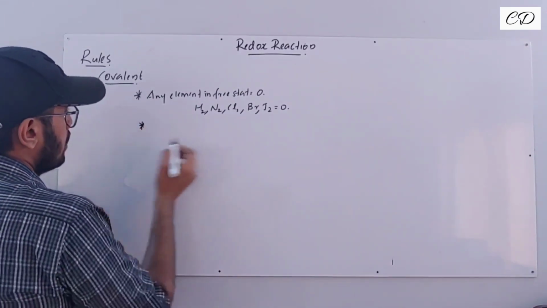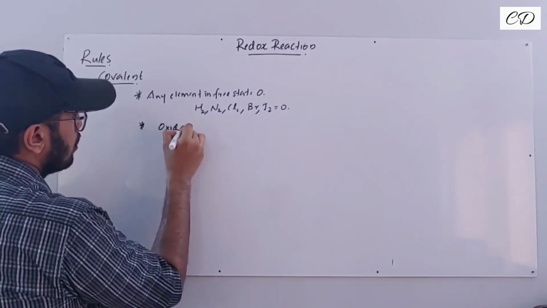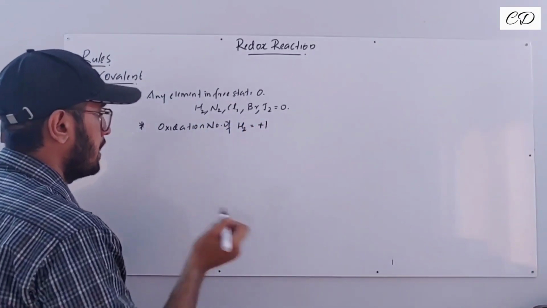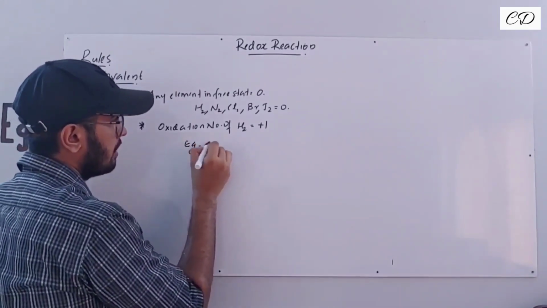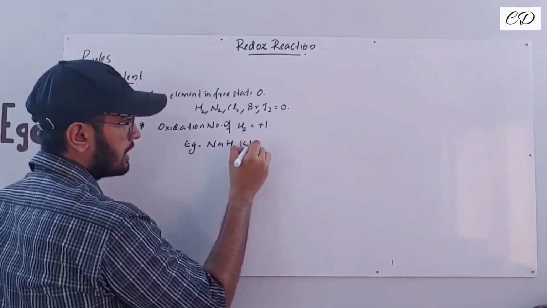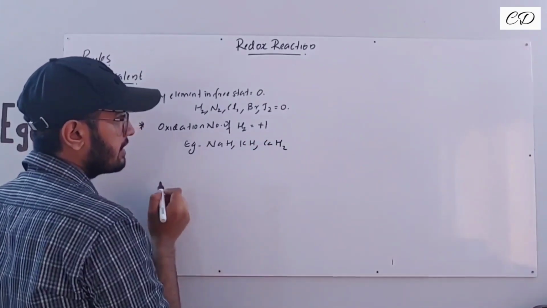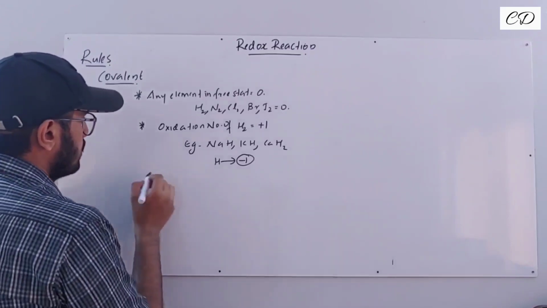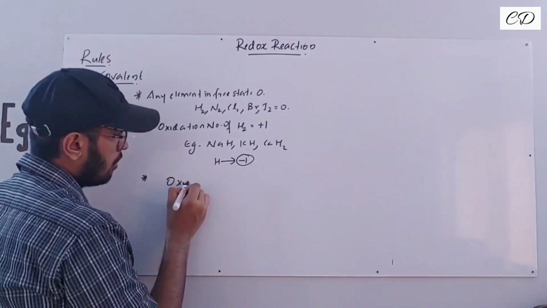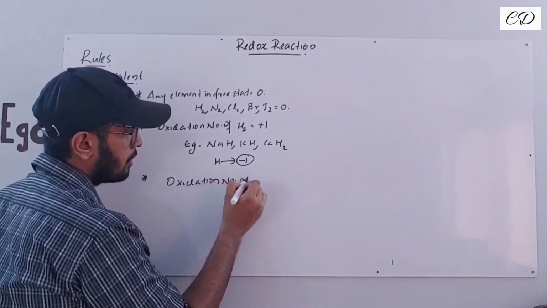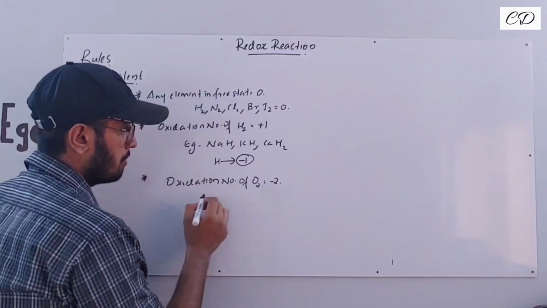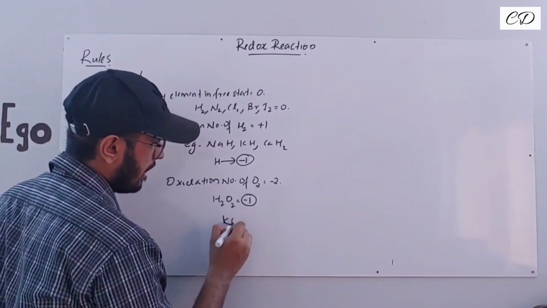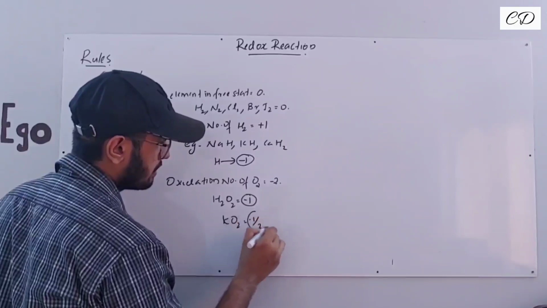Next, the oxidation number of hydrogen is always +1, but in some cases, for example sodium hydride, potassium hydride, calcium hydride, the oxidation number of hydrogen is -1. Third, the oxidation number of oxygen is always -2, but in some cases, in H2O2 the oxidation number of oxygen is -1, and in KO2 it is -1/2.